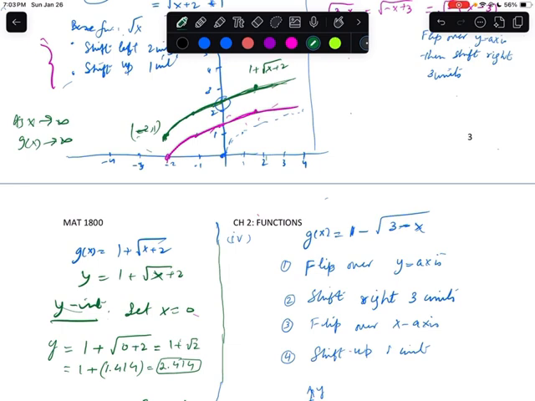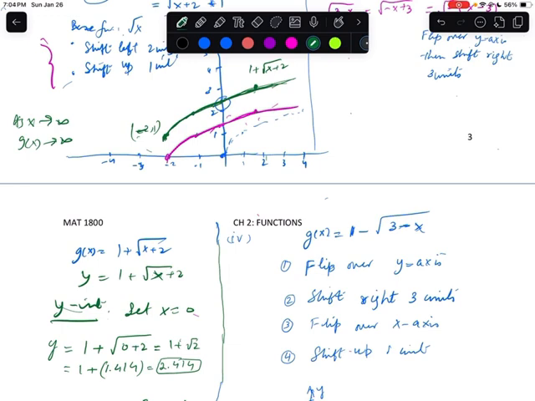Now we should be able to figure out what the y-intercept is. Whenever the graph is crossing both axes, you should try to find the x-intercept and the y-intercept, and whichever axis they are crossing, you should find that algebraically.